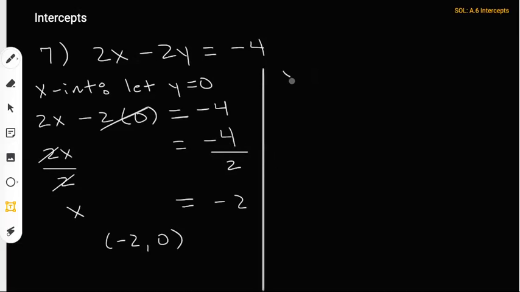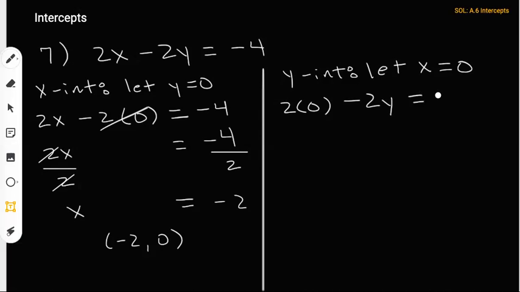Over here on the right side, we're going to find the y-intercept. And to do that, we're going to let x equal 0. So I get 2 times 0 minus 2y is equal to -4. 2 times 0 is 0, so I'm left with -2y is equal to -4.